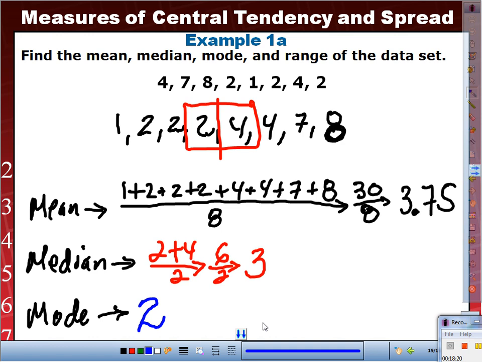Step 3. Ready? Step 3. Tell your neighbor, what would you write for step 3? Everyone, compute the range. That is correct. Now, why did I do the range separately? Because the range is not part of what? The measures of central tendency.